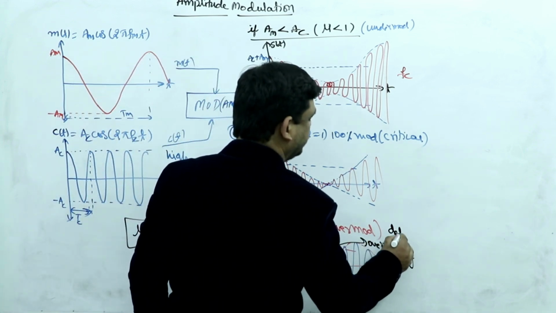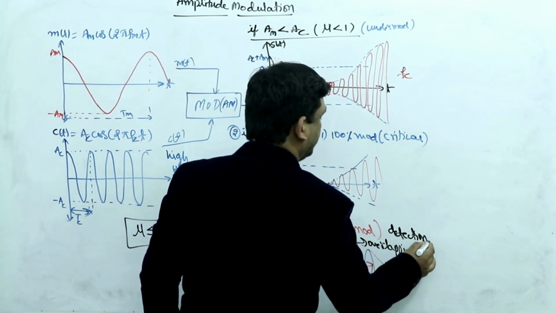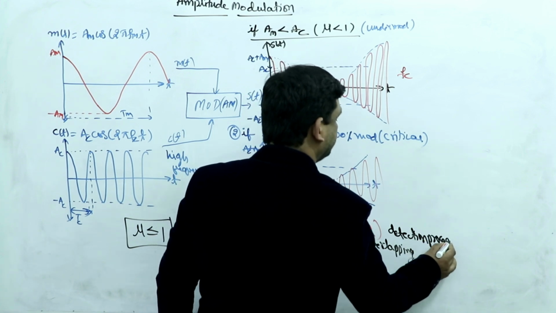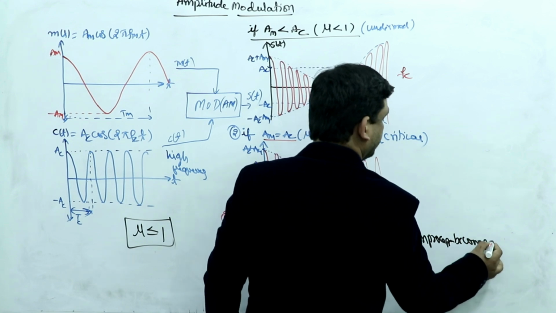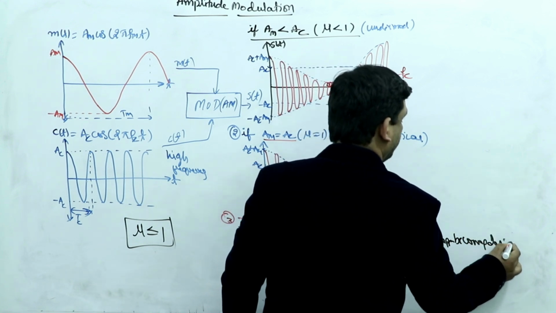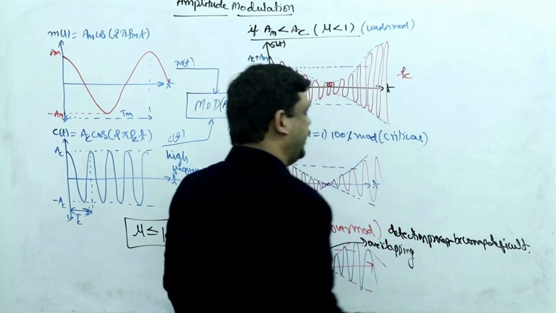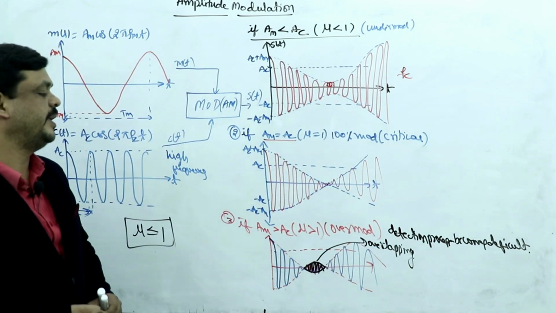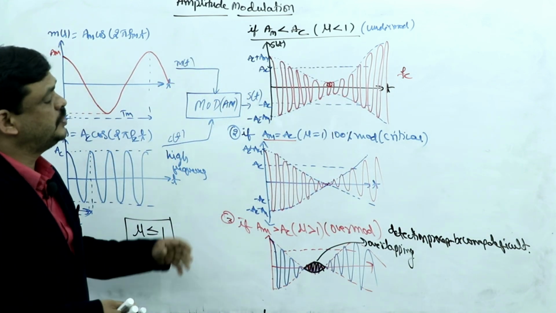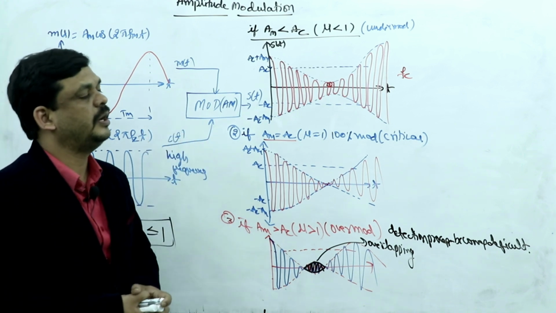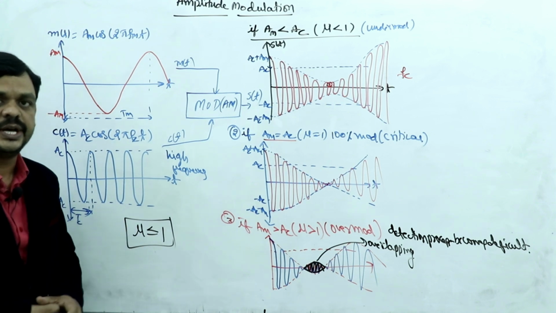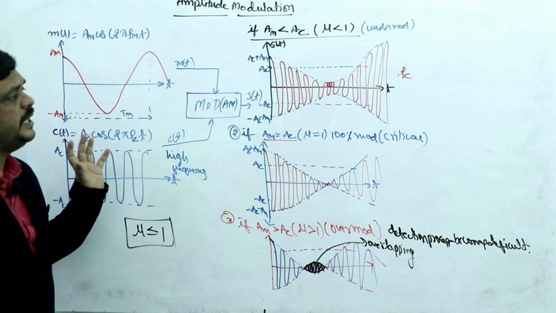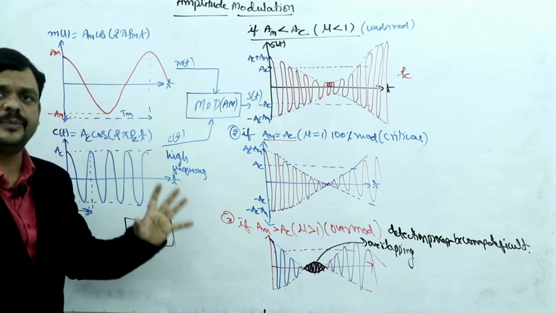Detection process becomes difficult, right? This is the drawback of the over modulation condition. So in AM modulation, the preferable modulation index value is less than or equal to 1. Here I have explained the complete graphical representation of the AM modulated signal.